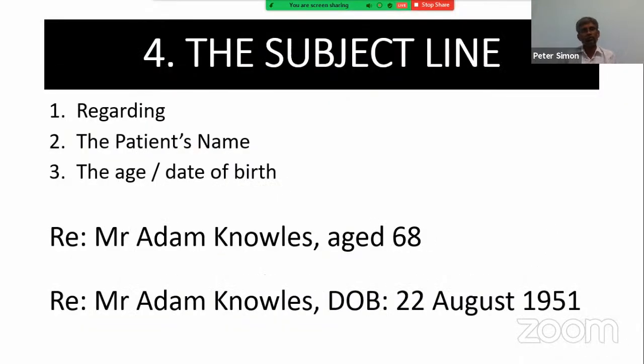Now this is very clear. You can write the first one or you can write the second one. Don't write a 68-year-old man or a 68-year-old pensioner. All this, don't worry.